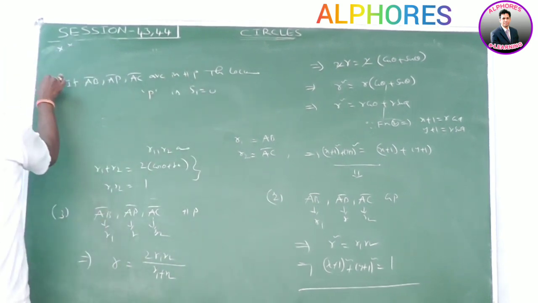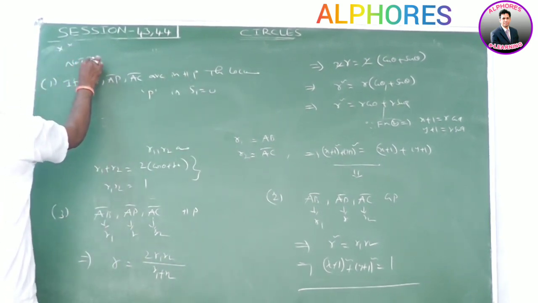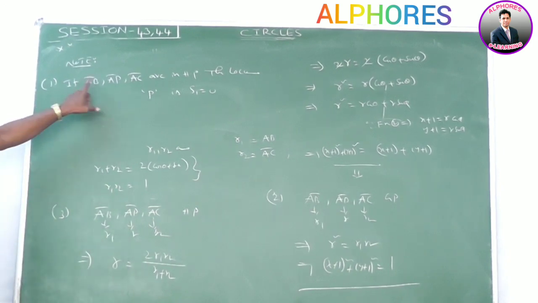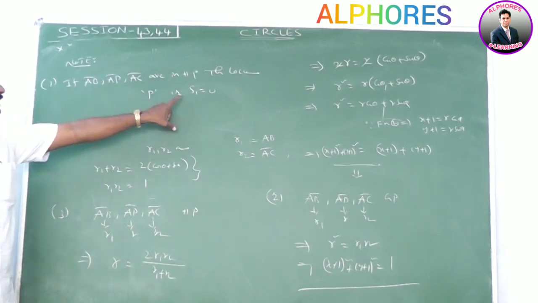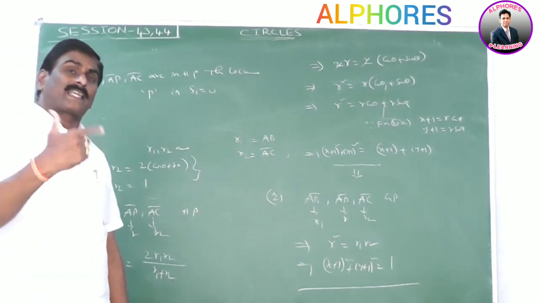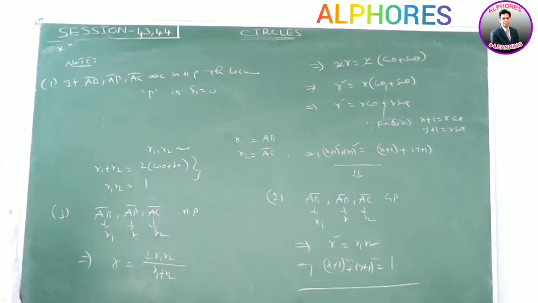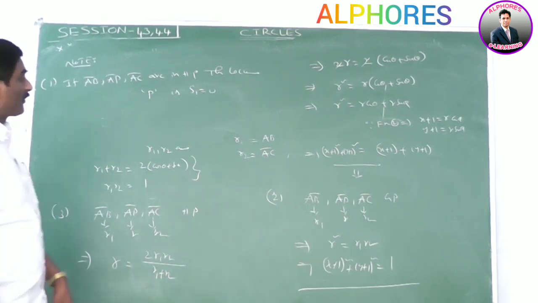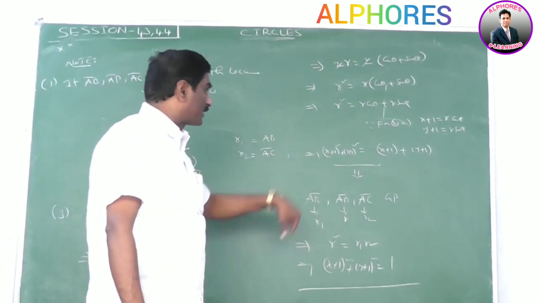Please note this point, note 1. In the above problem, if AB, AC are in HP, then the locus of P is S1 equal to 0. Direct formula. S1 means the notation xx1 plus yy1 plus g of x plus x1 and so on. Use that property. Here x1, y1 is the given point.